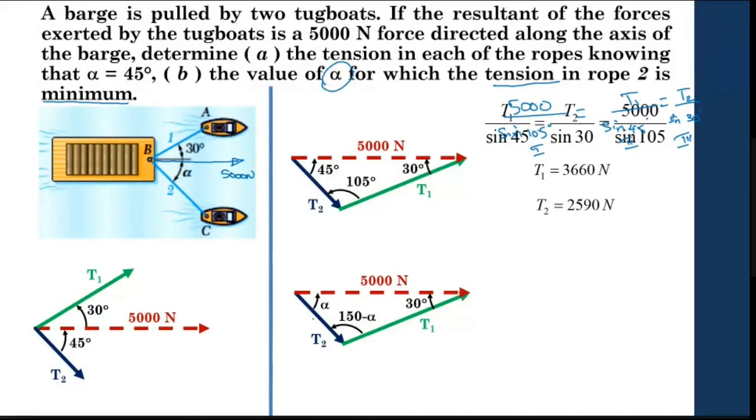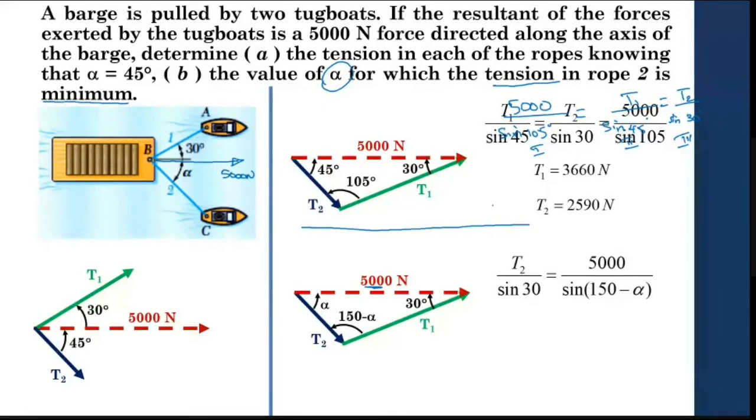T2 is the tension in rope 2. So I am relating T2 and alpha, right? Because I know this value. T1 I don't know, because T1 is applicable only for this condition. This is over. This is one part. So this value of T1 depends on this 45 degree, right?